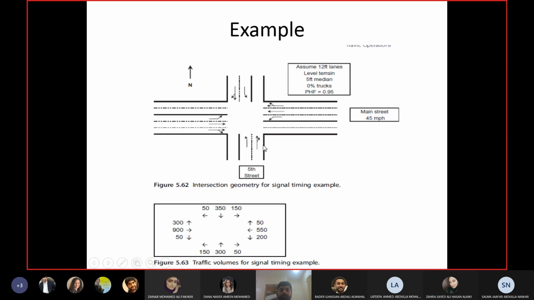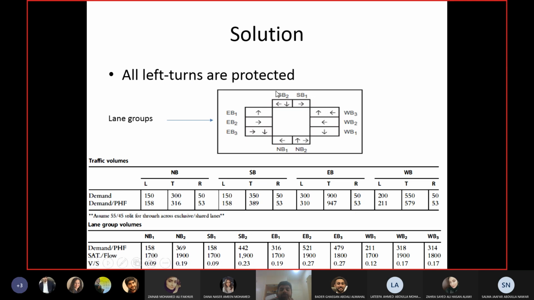So you have two lane groups on this side, three lane groups on this side, two here as well, and three here. Okay, if we had two lanes or three lanes which are having exactly the same movements, then they can be combined in the same lane group. Okay, but in this case it is not possible. So we have three lane groups here and two lane groups on the north south side.